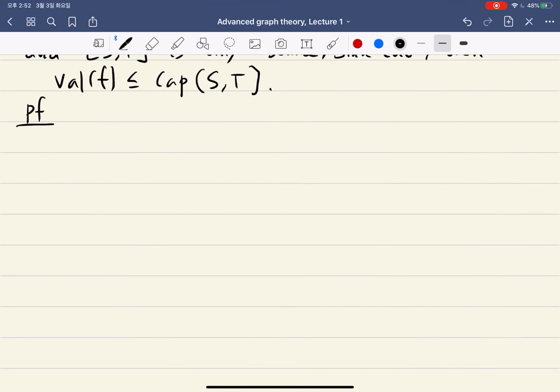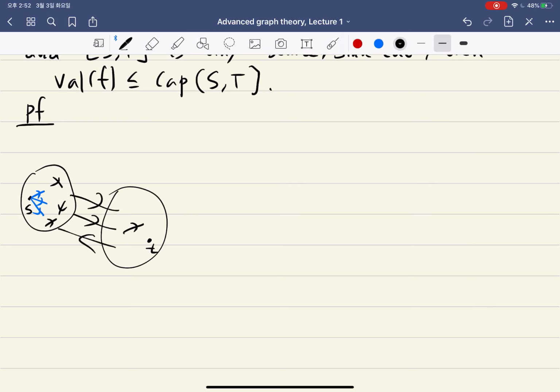The proof is not difficult. Essentially what we want to show is that we have S here and T here. Then there is the amount of water that flows out here, and some of the water flows inside here, even going this way or that way.